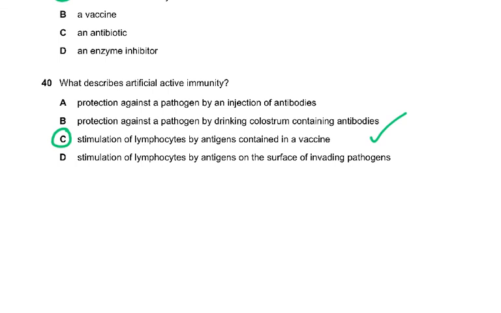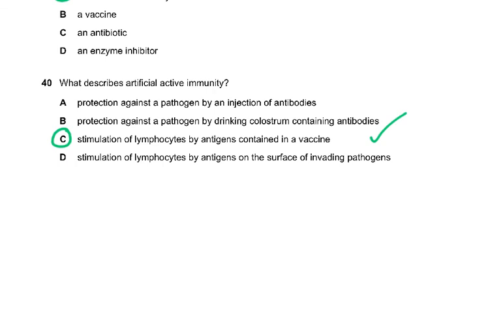Protection against a pathogen by an injection of antibodies, now that is not, there's no antigenic exposure. That is passive immunity, and that is artificial passive. Then protection against a pathogen by drinking colostrum containing antibodies. Now, of course, that is again natural passive immunity because you're getting ready-made antibodies.